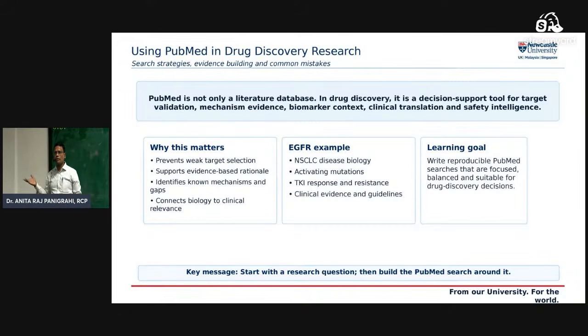Another time they come up with 60 references. And actually they do not note down the strategy. That is called the search strategy, which is what we are going to discuss. Again, start with a research question, because you need to know what is one, then build the PubMed search around it.